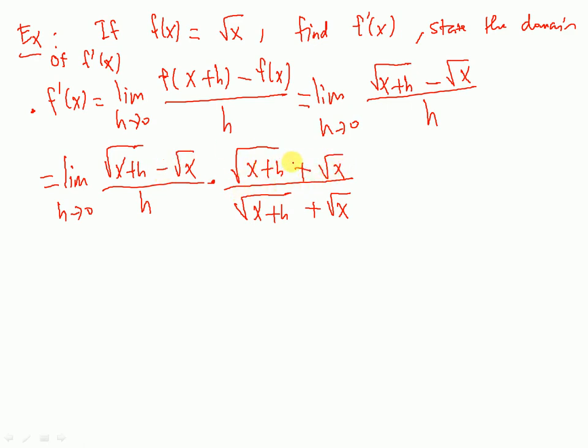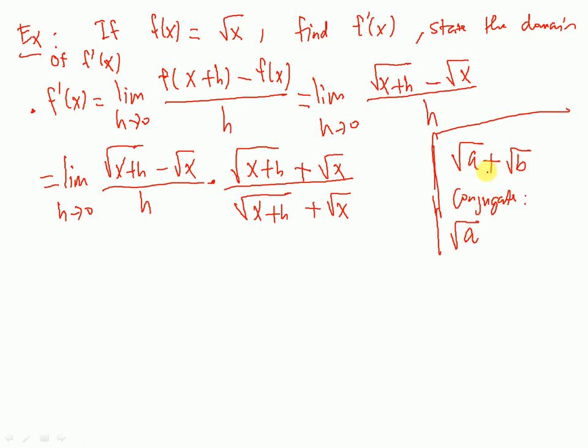As a side note, if I have square root of a plus square root of b, then the conjugate of this whole thing is square root of a minus square root of b, where the plus sign in between becomes the minus sign. So remember this conjugate property. I take the conjugate on the top and multiply by it, and divide by the same thing at the bottom. Now we can simplify it.